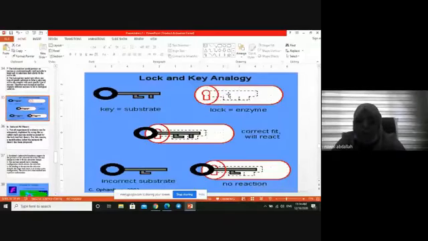This is another figure that explains the induced fit theory.